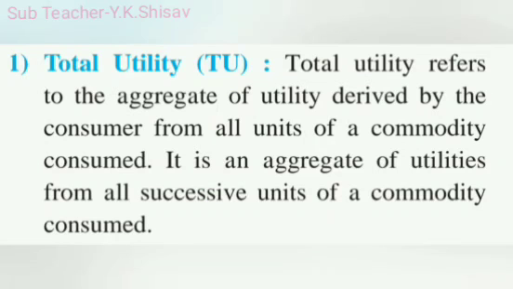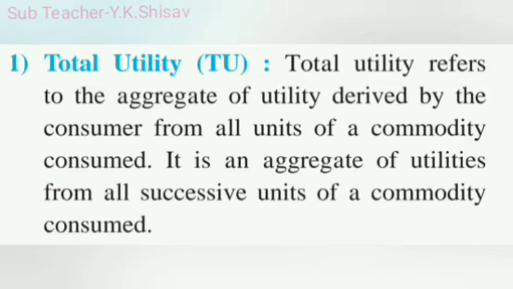See, total utility. What is total utility? Total utility refers to the aggregate of utility derived by the consumer from all units of a commodity consumed. It is an aggregate of utility from all successive units of a commodity consumed.